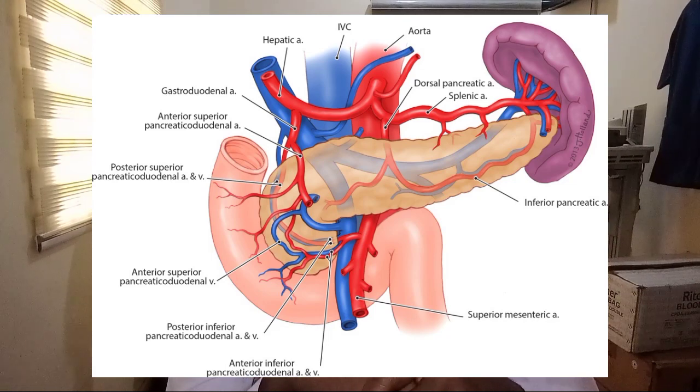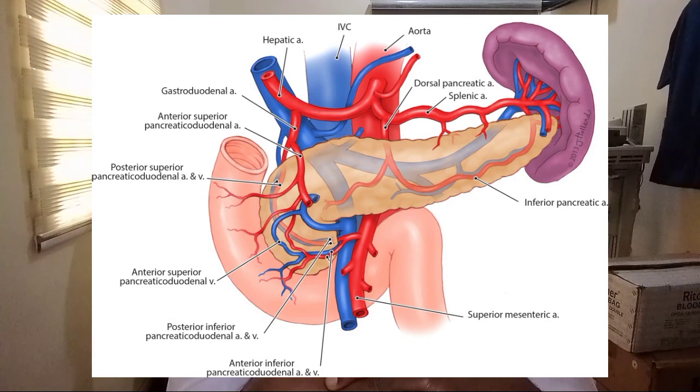The common hepatic artery courses transversely to the right in the region of the pancreatic neck. It divides into the proper hepatic artery and the gastroduodenal artery. The proper hepatic artery courses superiorly towards the porta hepatis, anteromedial to the main portal vein.